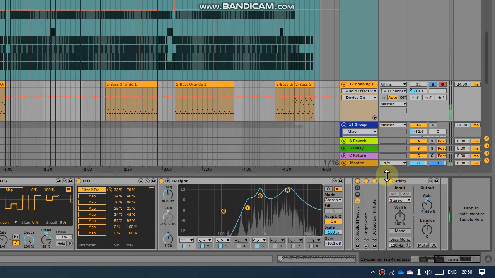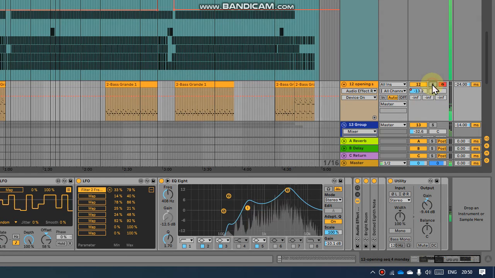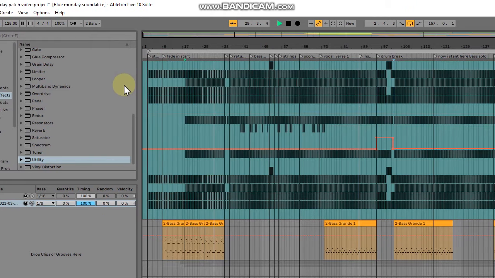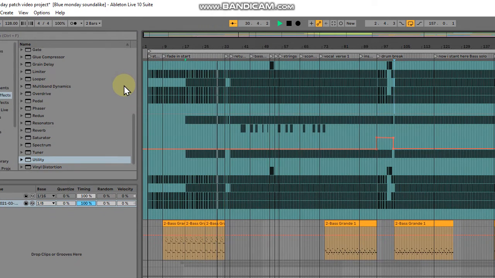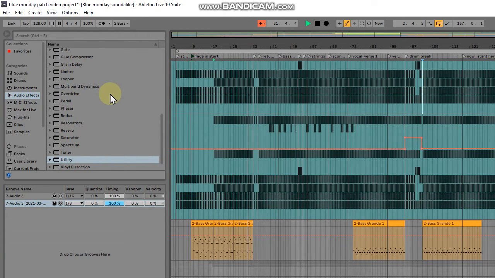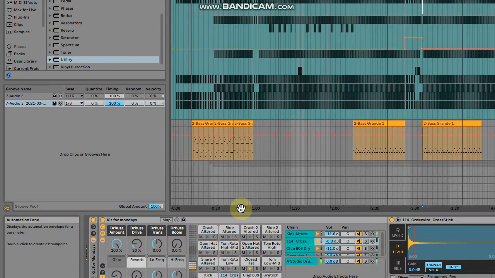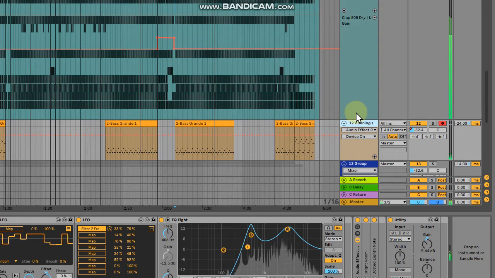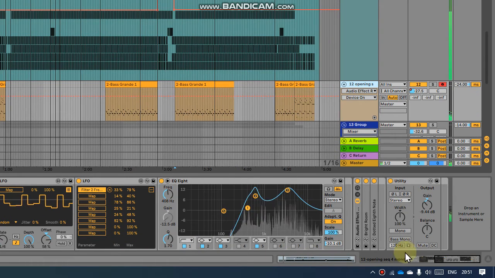Which is nice, and we then have a listen to it in context of the whole song. And it actually fades in to start the song. So that's it.